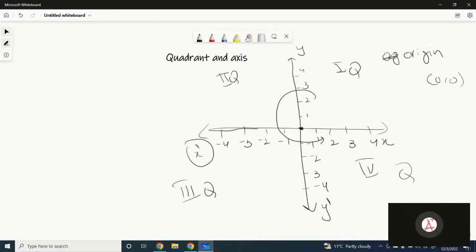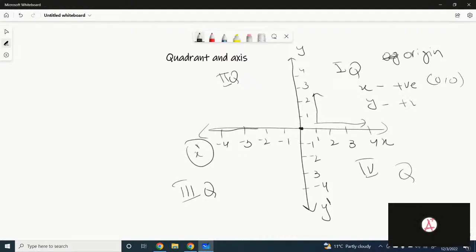Okay, so just look at the first quadrant. Just look at the x values. These are the x values in the first quadrant. They all are positive. Now just look at the y-axis. So y is also positive.